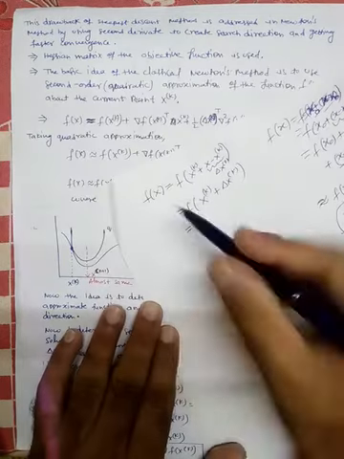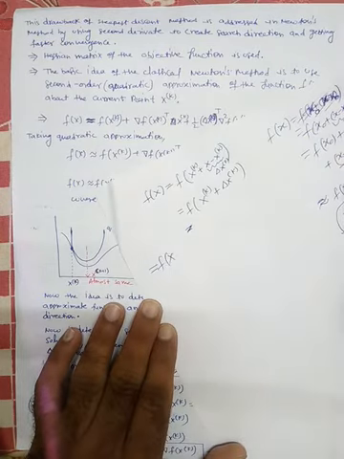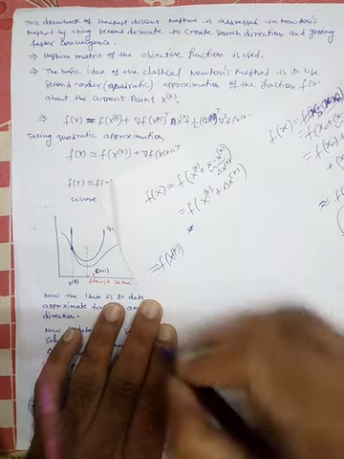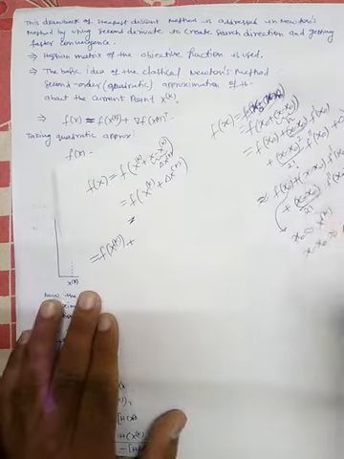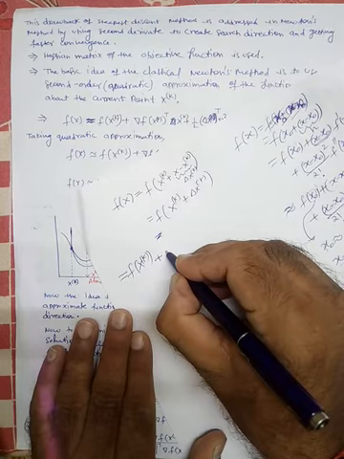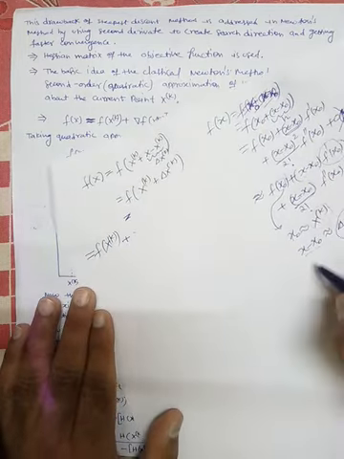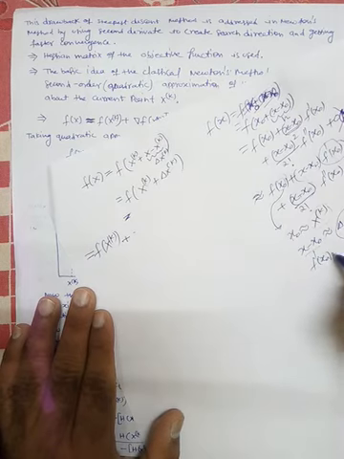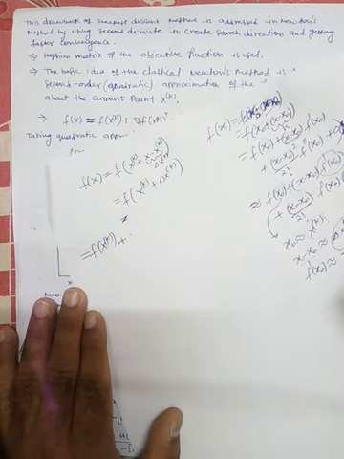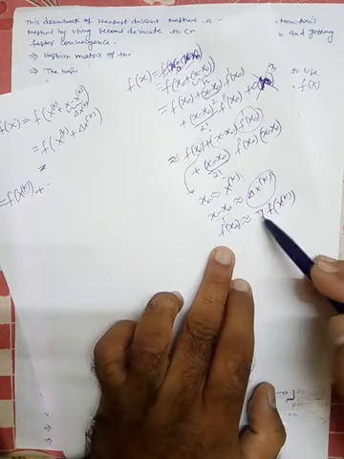So what will the expression be? f of xk plus, for the first derivative, f dash at x naught is replaced by the gradient of f at xk, where dash means gradient.